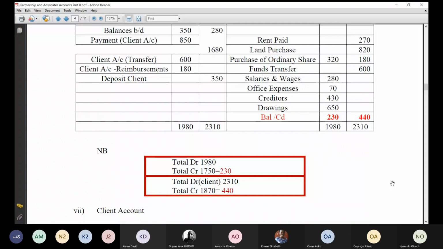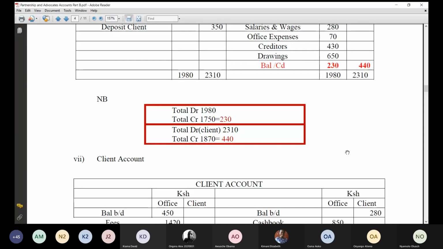For the other side, which before putting these red figures was at 1870, for it to move from 1870 to 2310, we put 440. So that then balances, the balancing figure will then now be taken to the balance sheet.